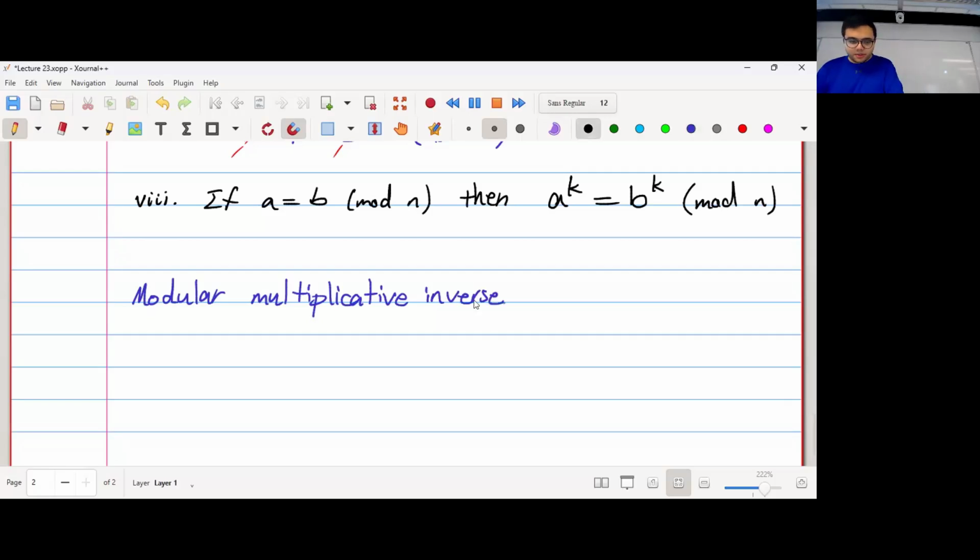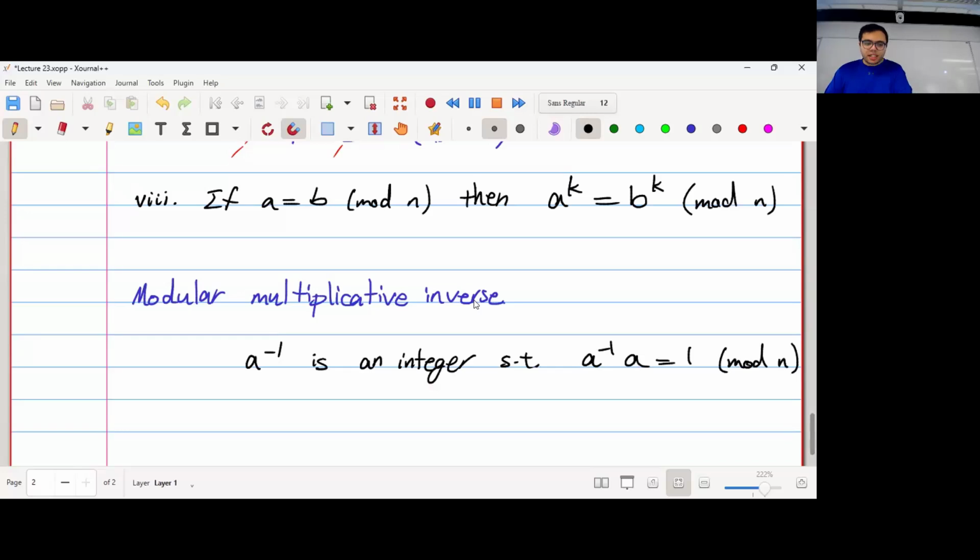So this is very simple. Let's say that I have some modulus n and I have some number a. So A inverse is just an integer such that A inverse times A is congruent to 1 modulo n.